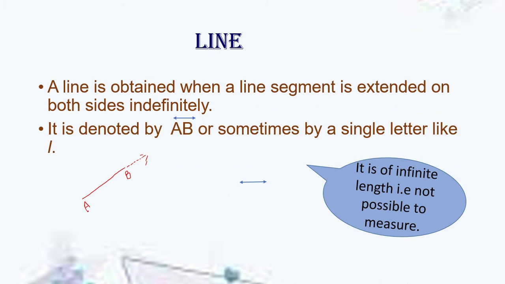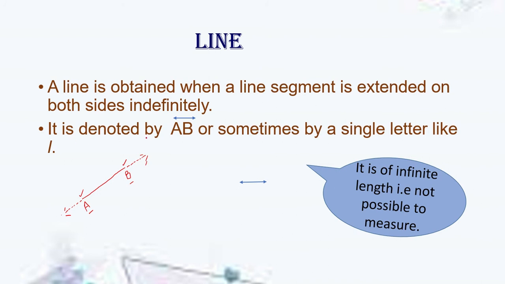B point is moving now and A point is moving in the opposite direction. Means A and B both are not fixed points. So this line segment is converted into a line now, because in a line segment A and B both the points were fixed, but in a line both the points A and B are not fixed, they are moving.